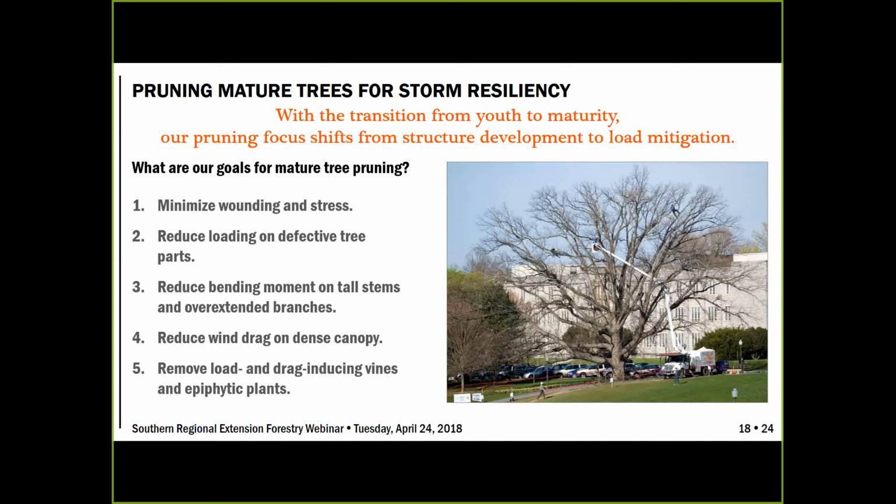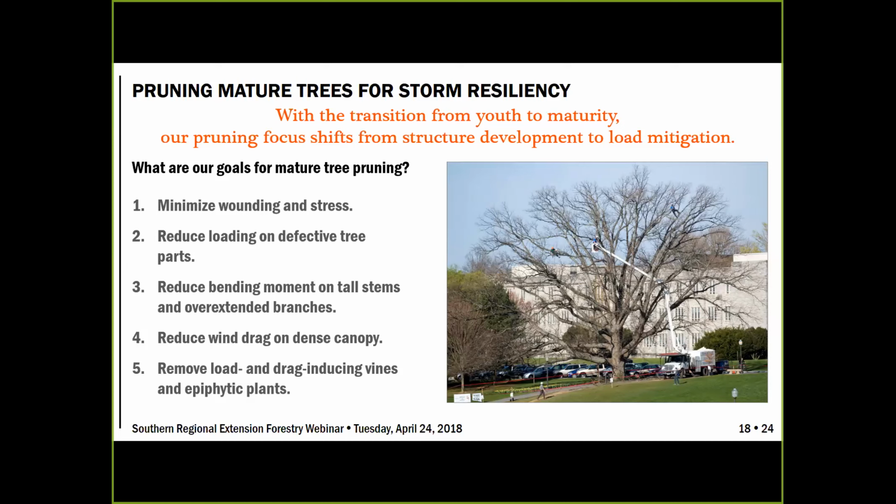And then finally, a goal for mature tree pruning related to load mitigation would be the removal of either load or drag-inducing vines and epiphytic plants in trees. There's a whole host of invasive vines that are likely to climb into trees. Some common examples that we encounter are bittersweet and English ivy.